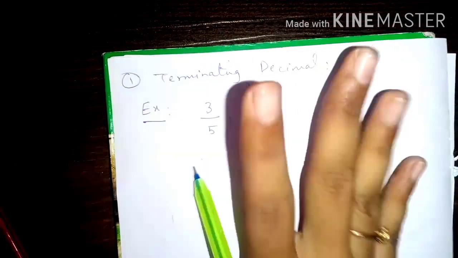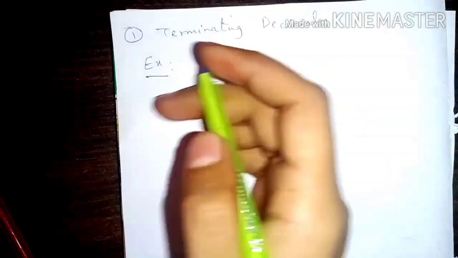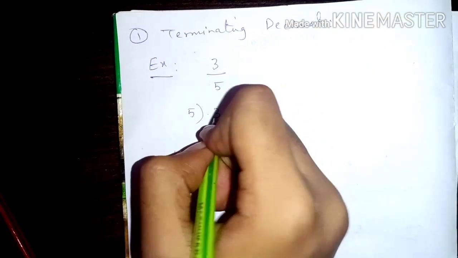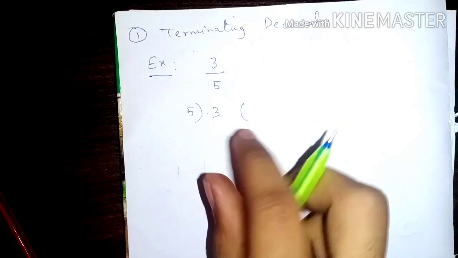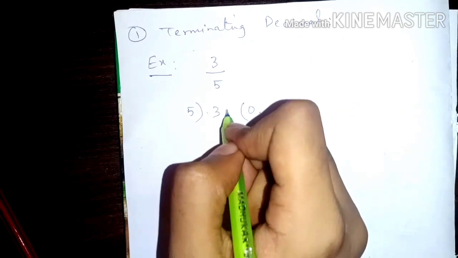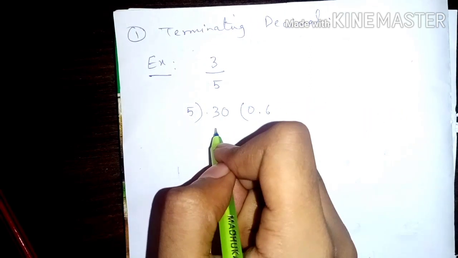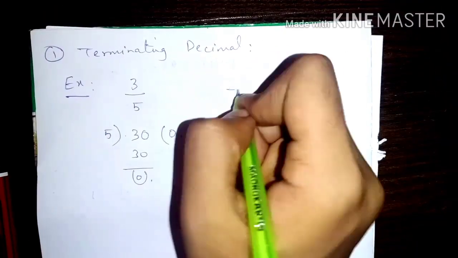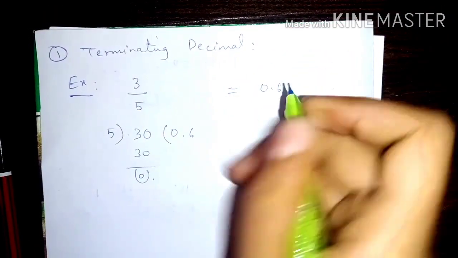We'll perform a proper division. I would like to explain everything from the basics. So 5 when divided by 3. 3 can't directly be divided, so we'll keep a 0 here also. So 0.6, the remainder would be 0. So we could stop here. The value which we landed for 3/5 is 0.6.